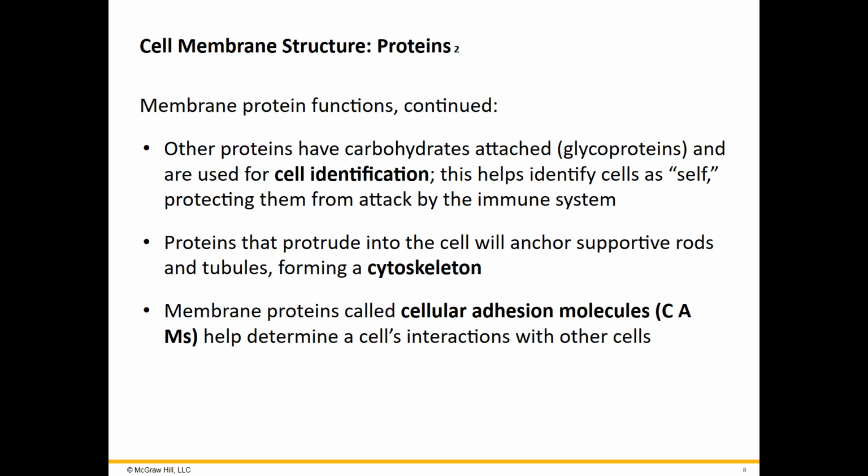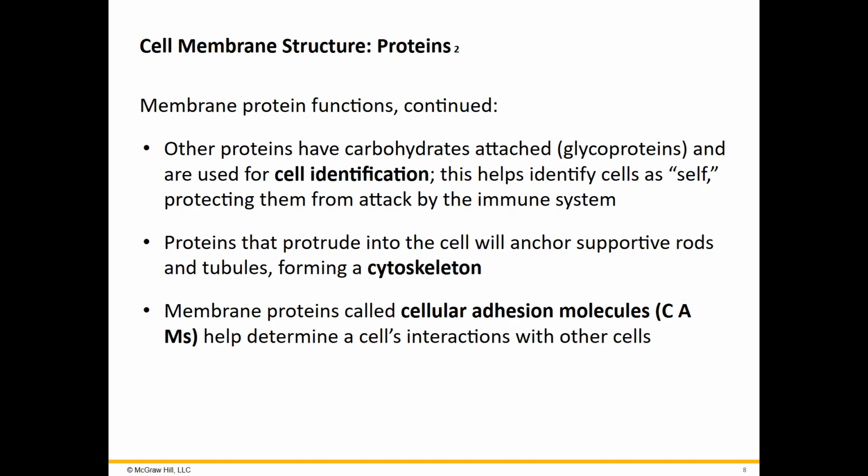Glycoproteins specifically help a cell identify that it is a part of the organism. So it detects the self of the cell, and that way our immune system doesn't go around attacking our own cells. So every cell has glycoproteins on it that say, hey, I'm a part of the body, don't attack me.